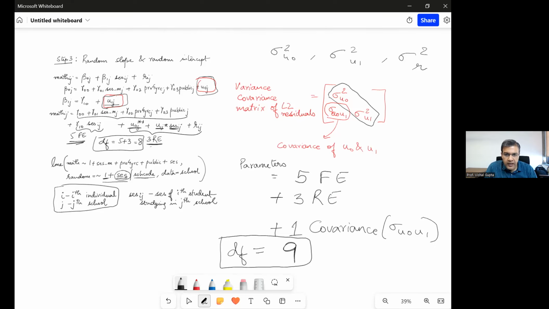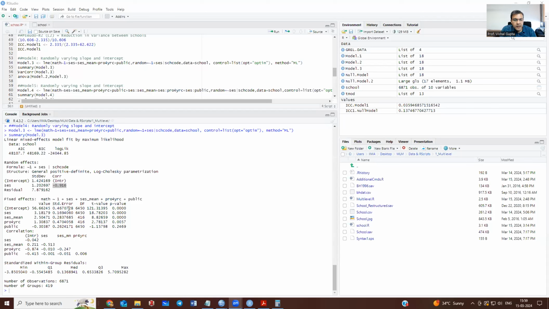That is why you see in the output that it has not just reported the standard deviation of the 3 residuals, but it has also reported one correlation between the u0 and the u1. Okay, that is what we are seeing.